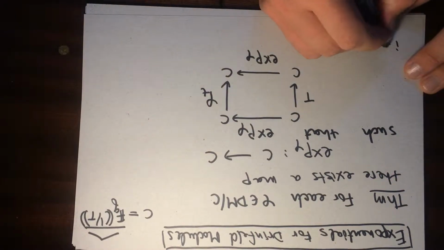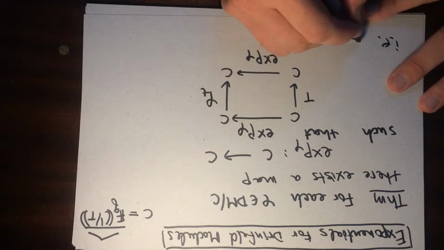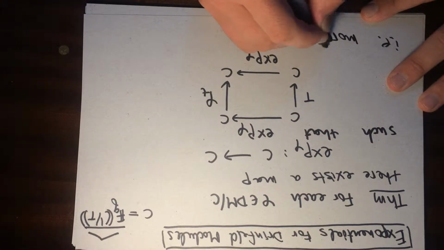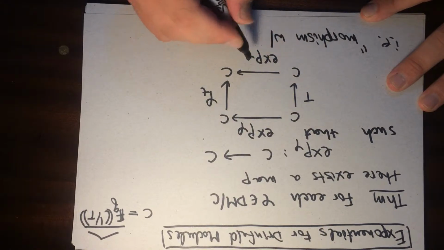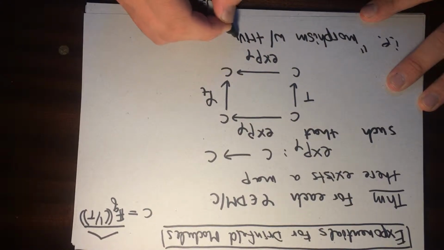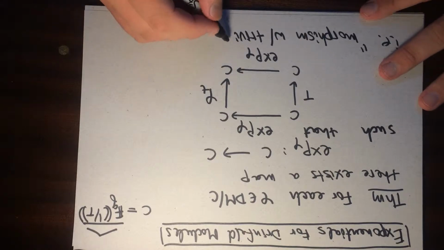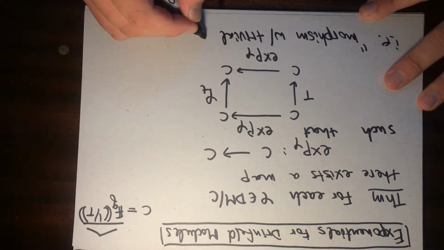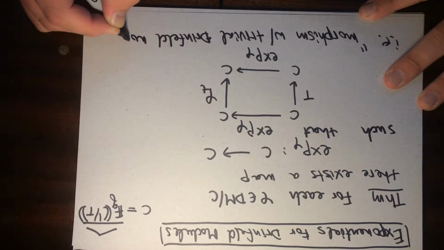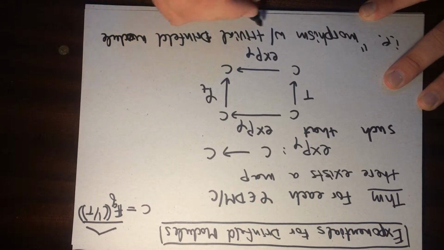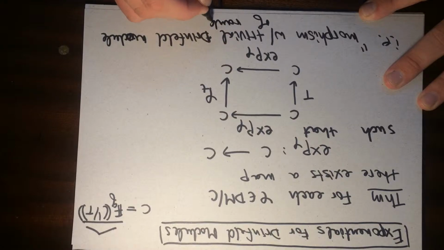So i.e. this is a morphism with the trivial Drinfeld module of rank 0.